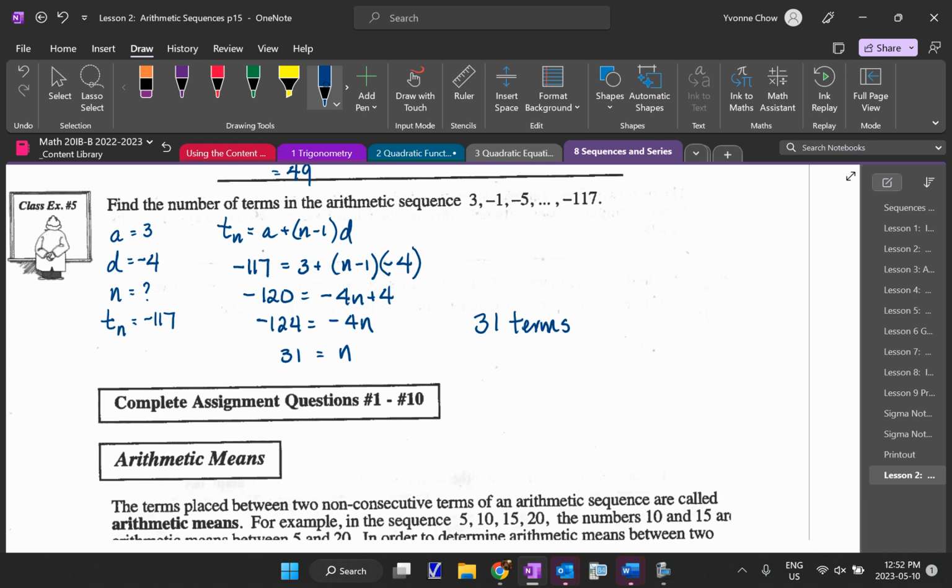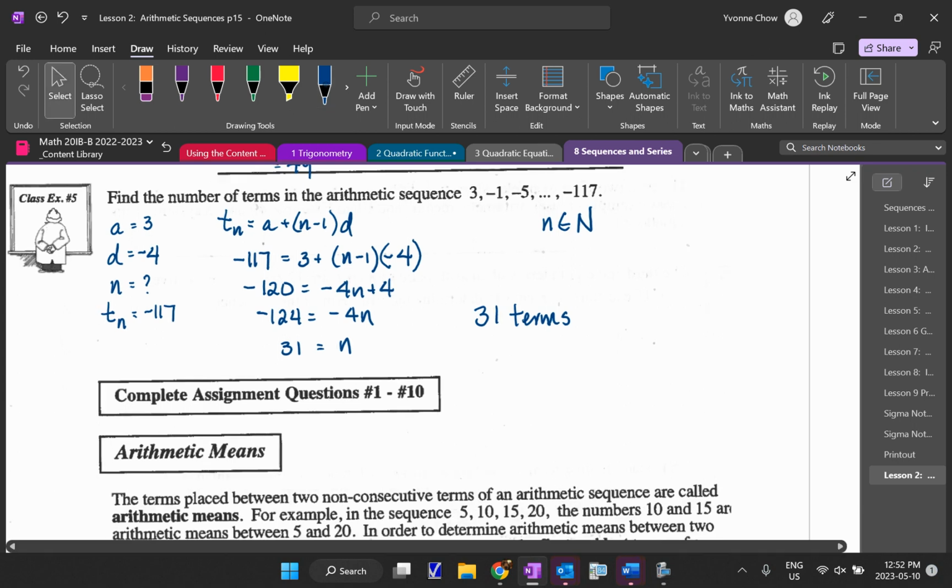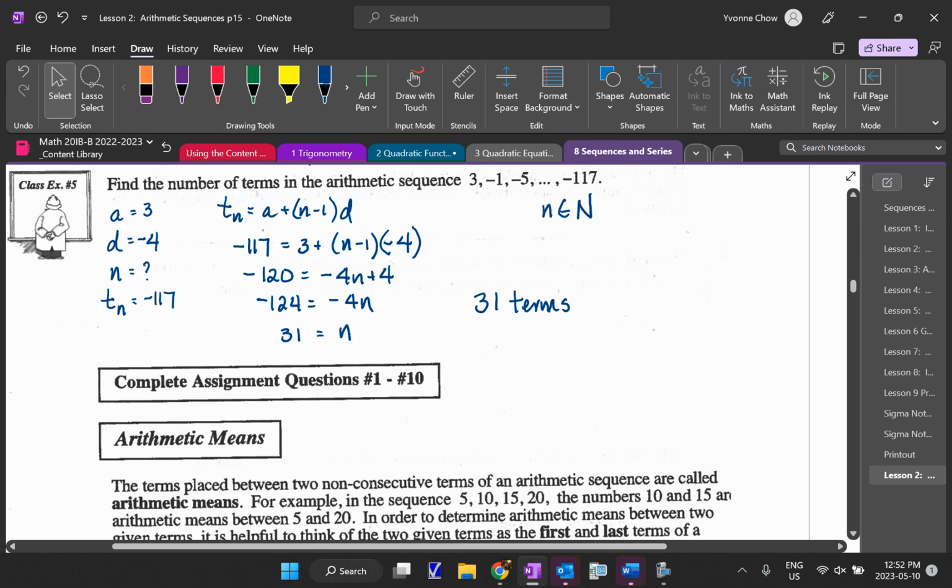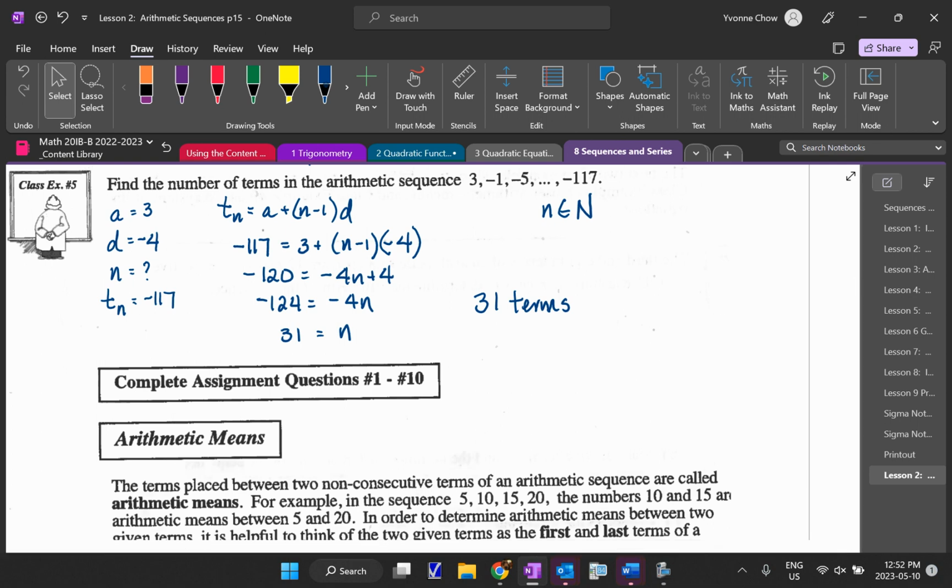We also can't have a negative term number. So n has to be an element of the set of natural numbers, because again, we shouldn't have term 0, but we'll talk about that as a possibility later on down the road. Technically speaking, our first term is term 1, not term 0.